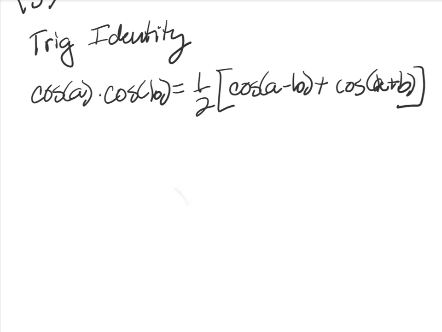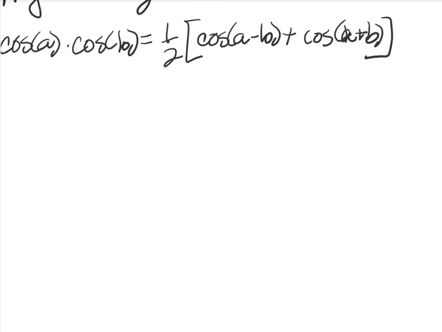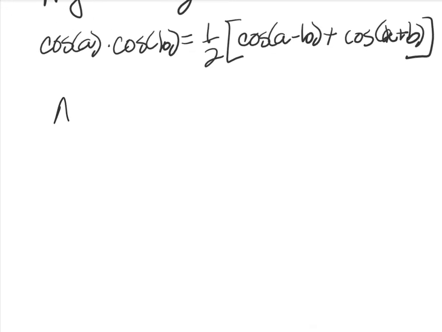Okay, so to illustrate how that might work, let's say that we take A cosine of omega t plus theta, and we multiply that by B cosine of omega t plus phi.